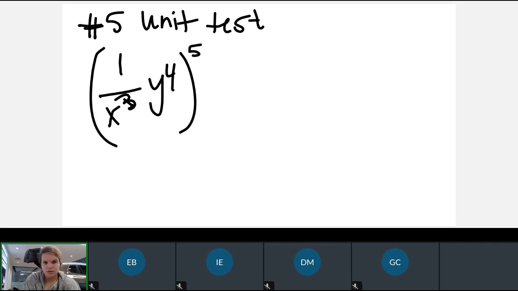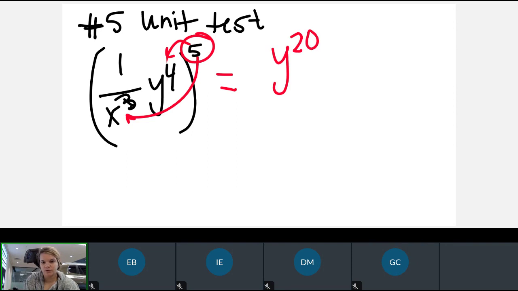Okay, so the only thing we have to do here is just apply this exponent here and here. Okay, so then we would get y to the 20th, 4 times 5 is 20, over x to the 15th, and that's it. No, that's right, Caitlin.